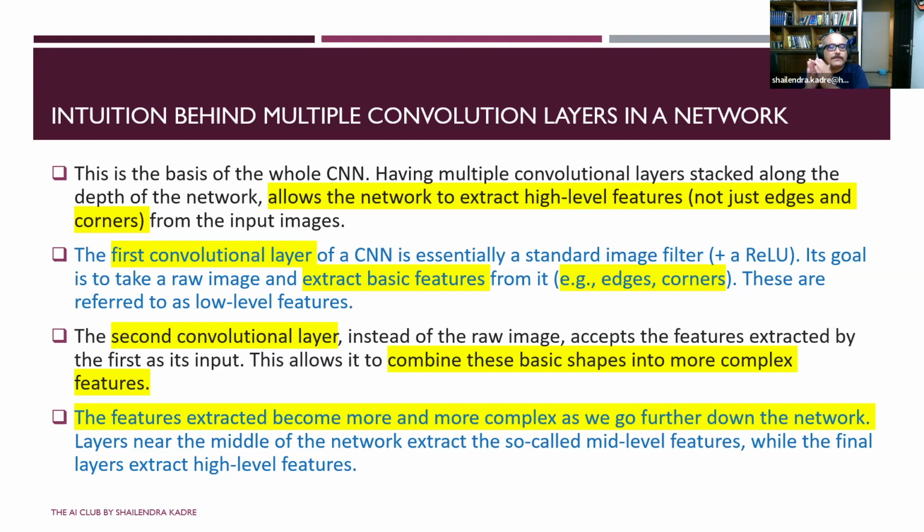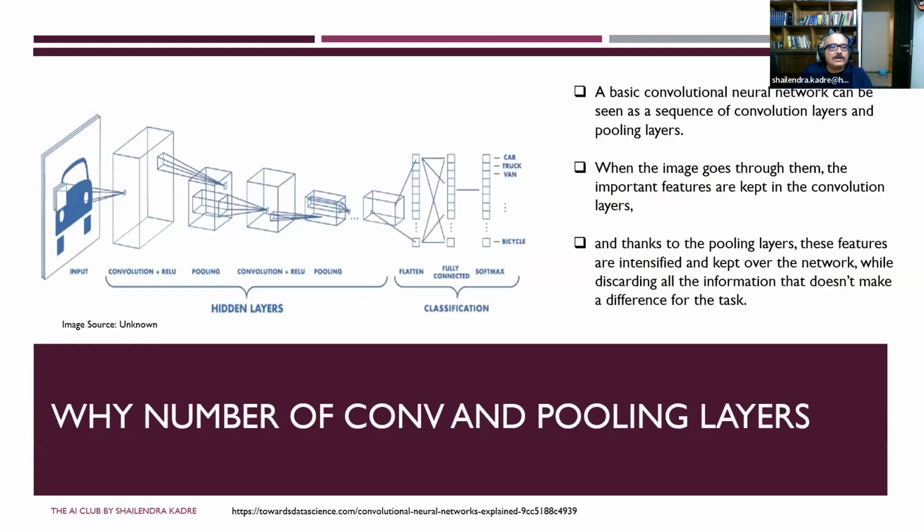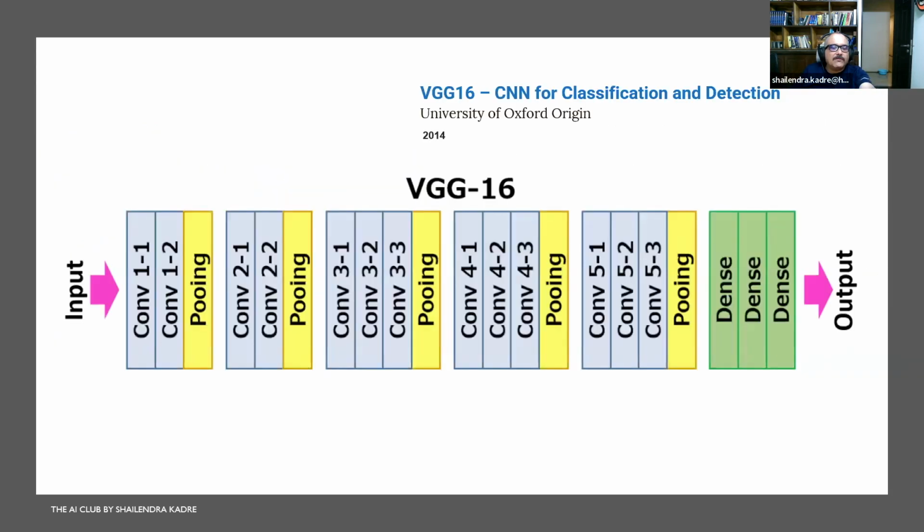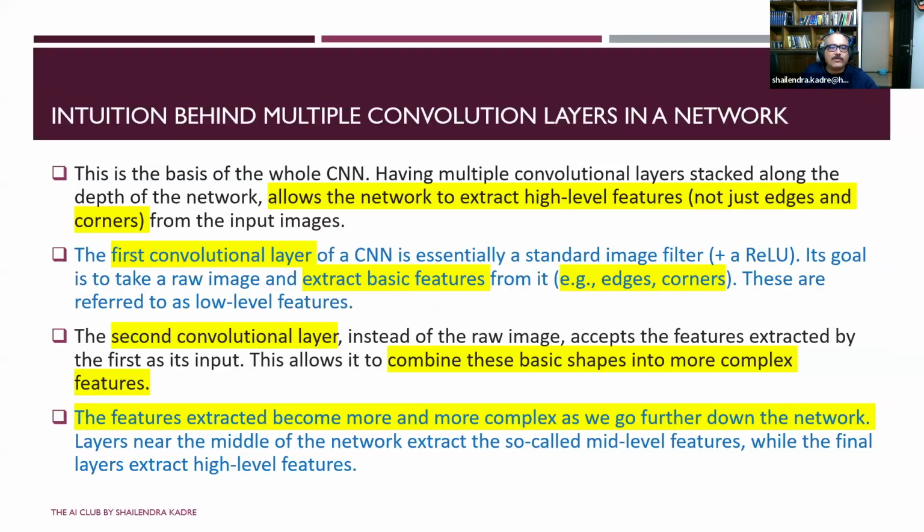Now the second convolution block means convolution 2_1, convolution 2_2, and pooling. Instead of the raw image, it will accept the features extracted by the first block, because it is sitting after the first convolution block. Whatever output is given by the first convolution pooling block goes as input to the second block.